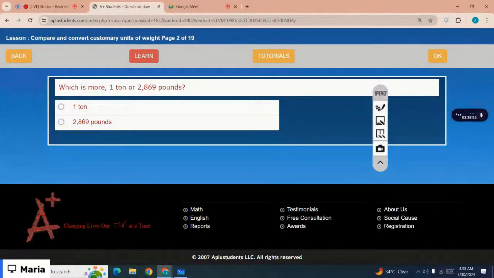Which is more, 1 ton or 2,869 pounds? Which is the correct option?